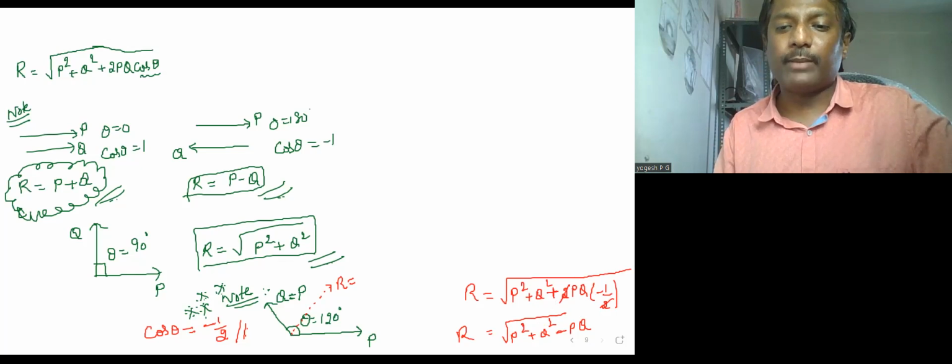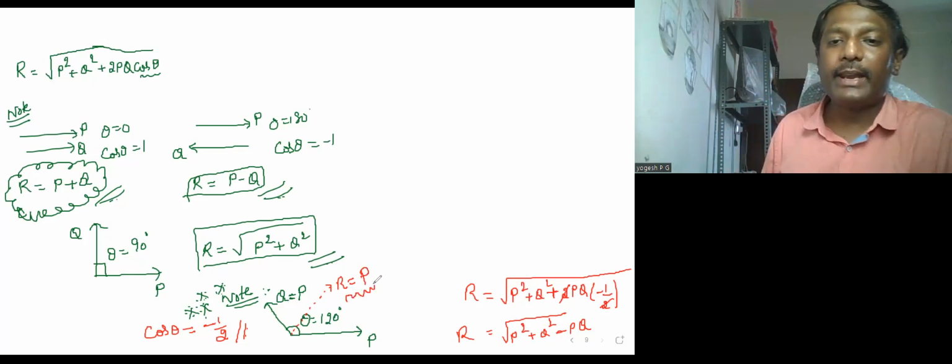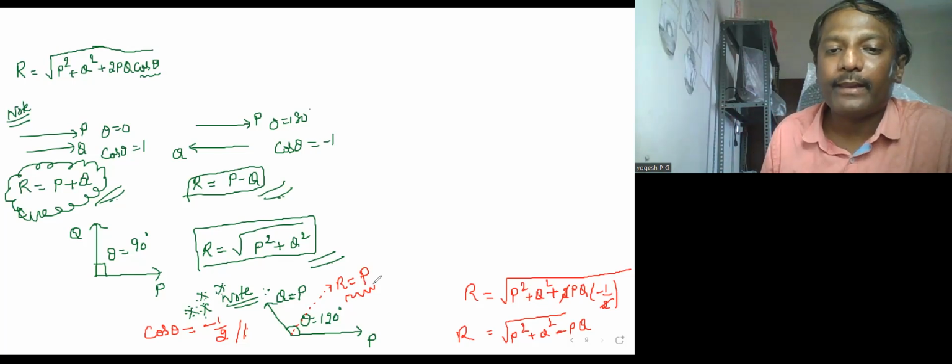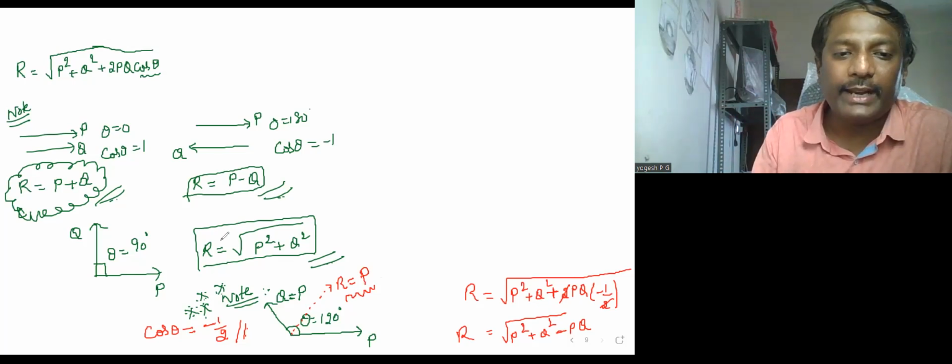So plus P squared minus P squared will cancel out, and we are left with only root of P squared. What is root of P squared? P. So please be very careful.